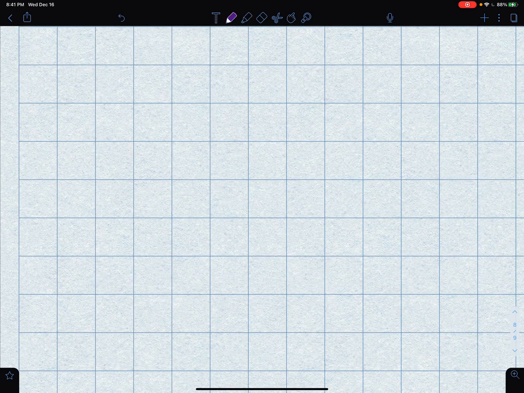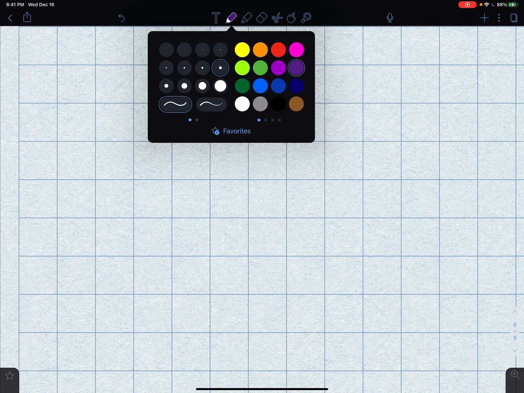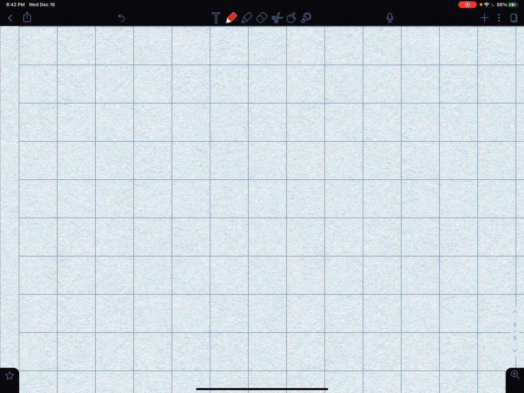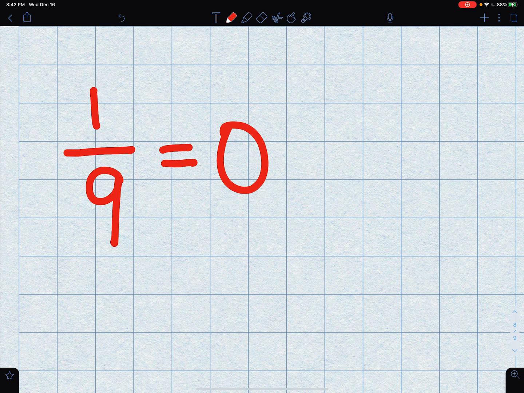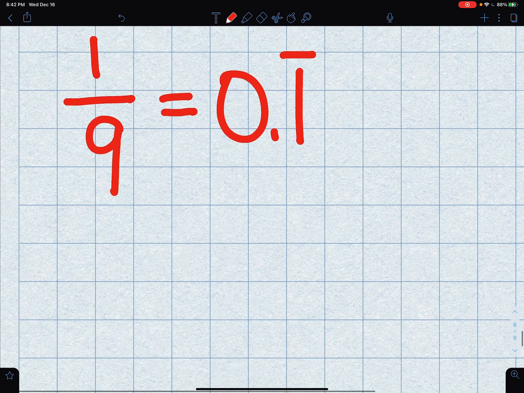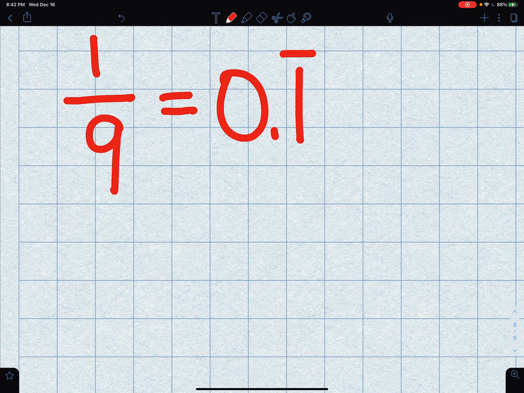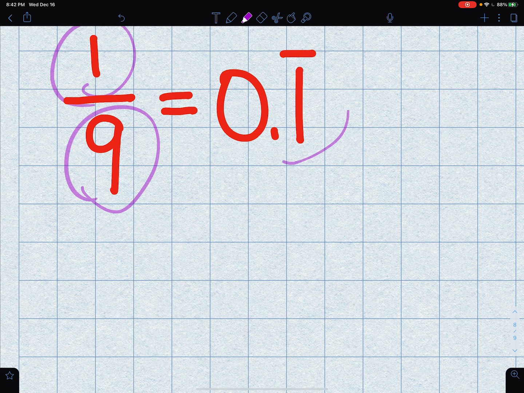And let's do another one that they want you to commit to memory. Remember it. I'm sure it's going to show up on tests. The next one is 1 over 9. So how are we going to remember this? 1 over 9 is 0.1 with a bar over the 1. I'm going to kind of remember that it's 911.